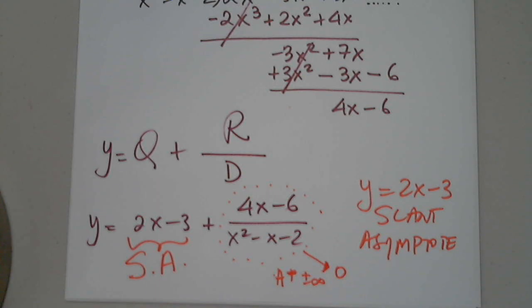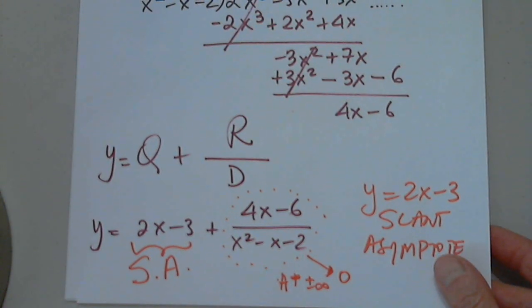Any questions on how to find the slant asymptote? Okay. Would you like to choose another function to graph, or can I continue and then we'll go back to graphing more after we finish?